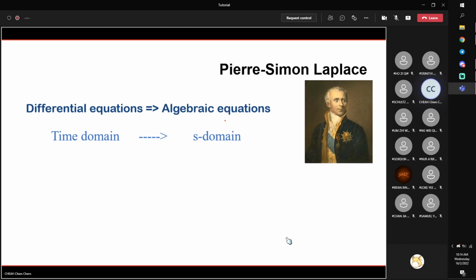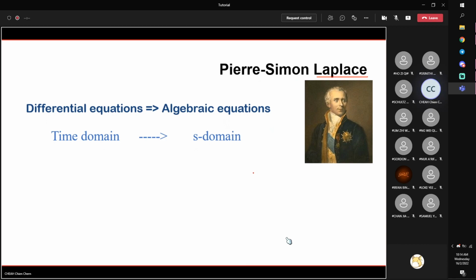And the three forms of solution you have seen were actually derived from Laplace transformation, because the maths available for solving time domain differential equation problems are very limited. So a scientist came up with this method called Laplace transformation. It's named after the person who invented it.